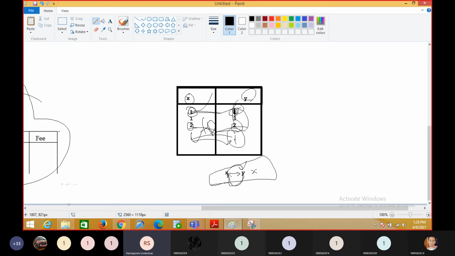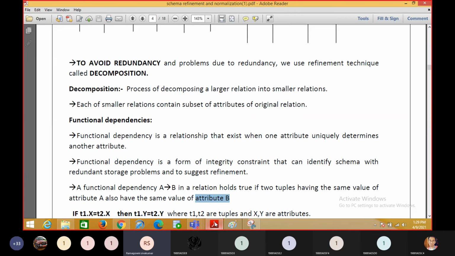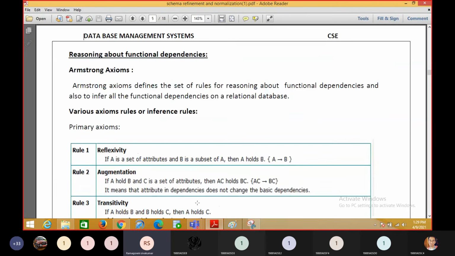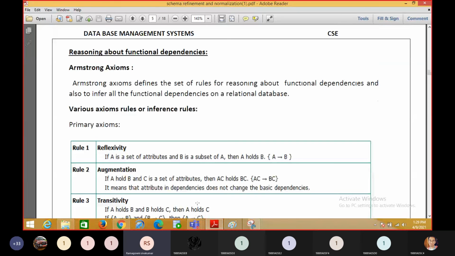So here we can maintain x tends to y. That means we can maintain functional dependency. So that is the meaning of this line. A functional dependency A tends to B in a relation holds true if two tuples having same value of attribute A and attribute B. Okay, so how can we do that? By using this formula.